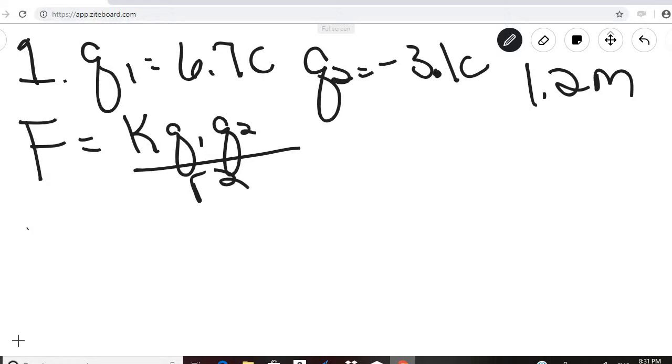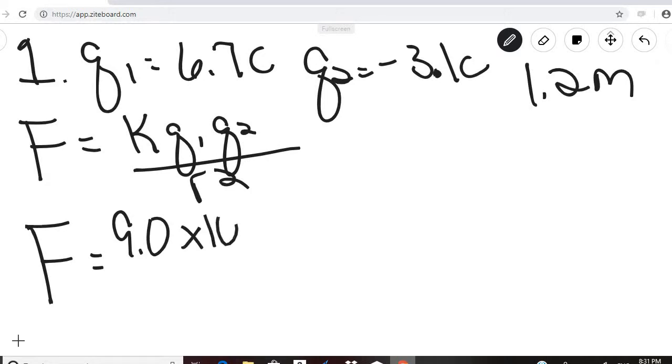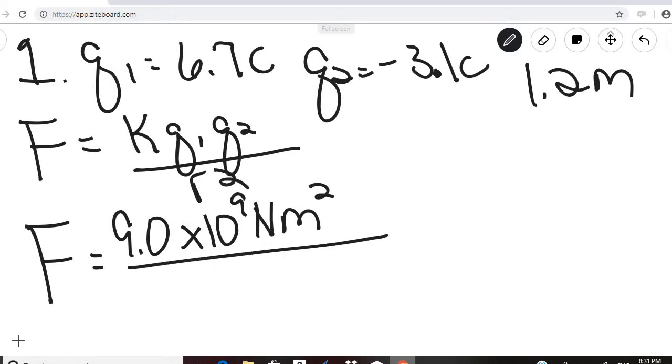So we just need to plug in our numbers. You will be given K. It's 9.0 times 10 to the 9th Newton meters squared over Coulomb squared.